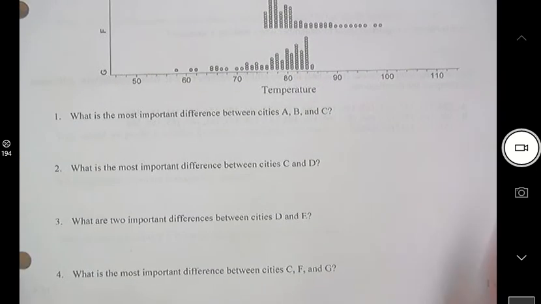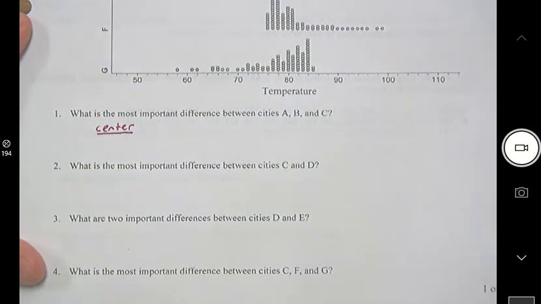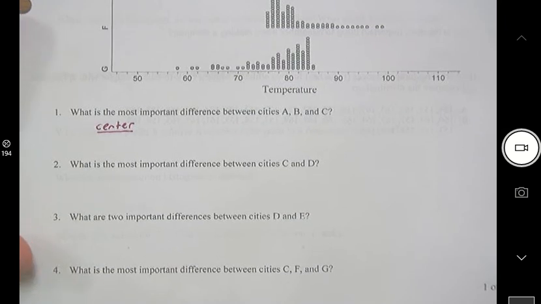So I would probably write the answer to number 1 as the most important difference being center. If you want to add to that and just put a little note, they all have the same shape, they all have the same variability. It's the center that's different. A has the highest center, B has the lowest center, and C is somewhere in the middle.